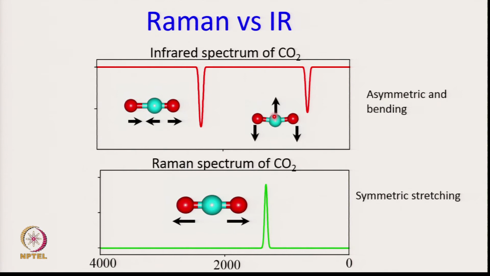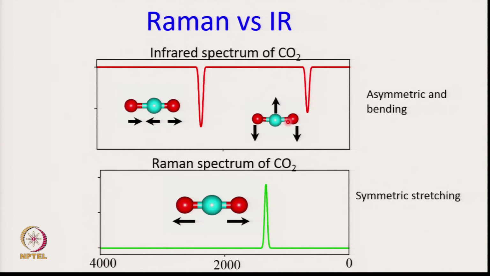Carbon, oxygen, oxygen. Now, you can look at here, this is an asymmetric stretching, one bond is extending, the other is contracting, right. Here this is bending, the center part is going up and down, which means the two other ends are going either down or in the opposite direction.